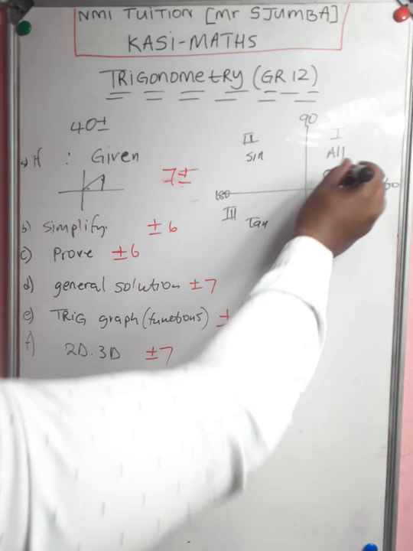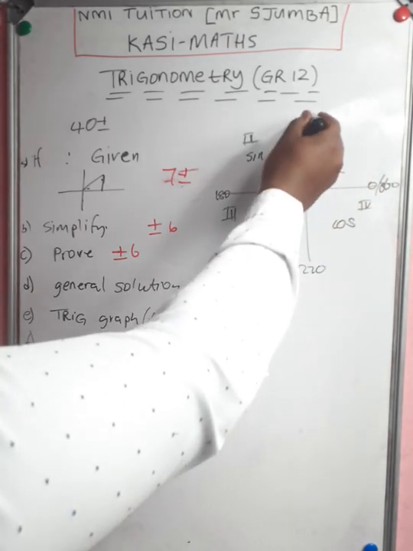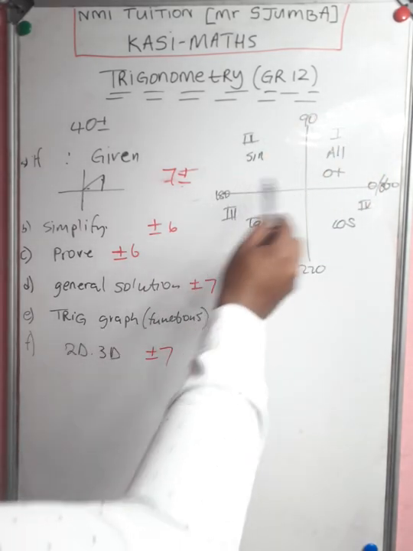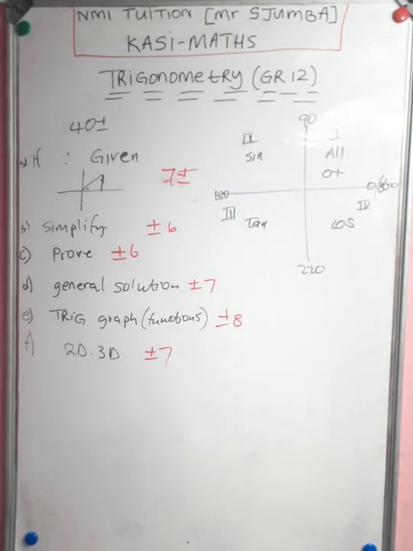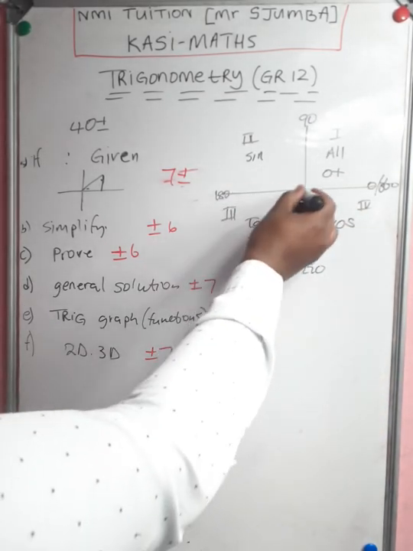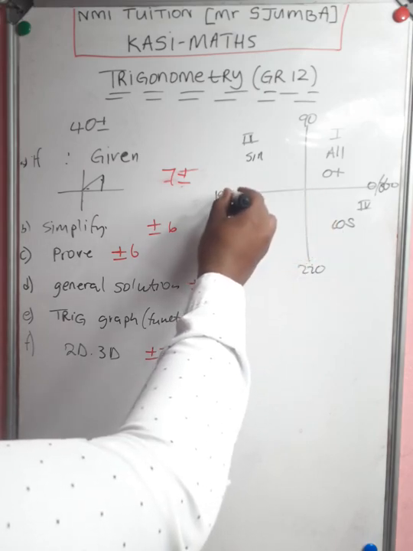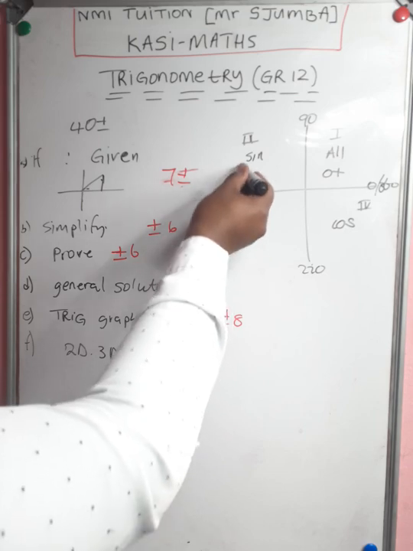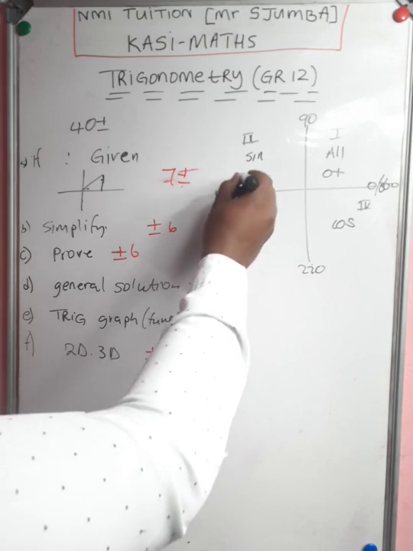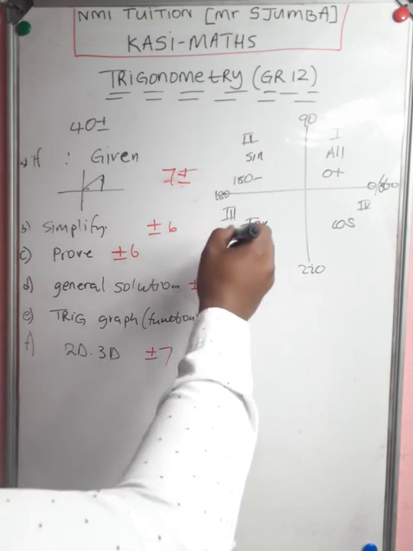So now, if you start from 0 and move into quadrant 1, it's 0 plus. Then 90 and 270 change the ratio. Since we have 180, if we want to go back to 179 or 170, we should say 180 minus.